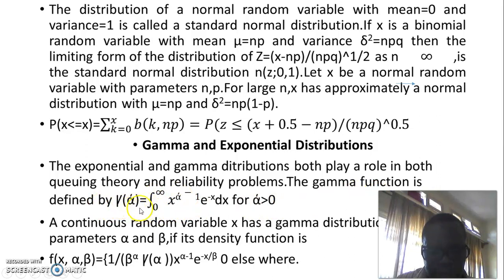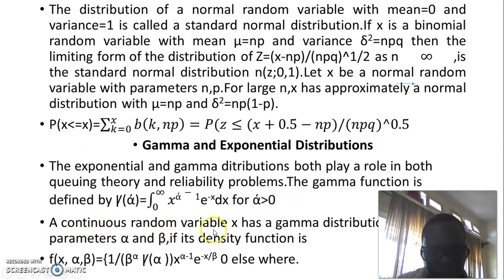So the gamma function is defined by this expression. It is given by the integral from 0 to infinity of x to power alpha minus 1 e to power negative x, integrated with respect to x, for alpha greater than 0.